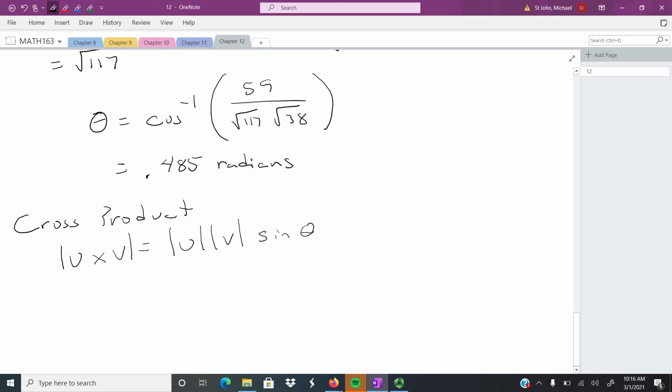And so here, in terms of my current example, this is the square root of 117 times the square root of 38 times the sine of 0.485.